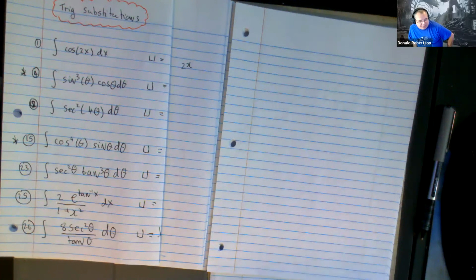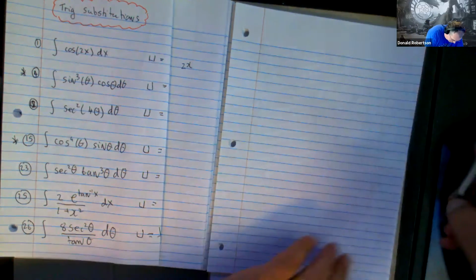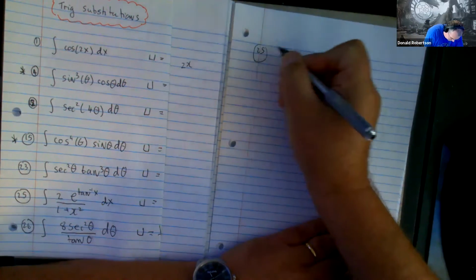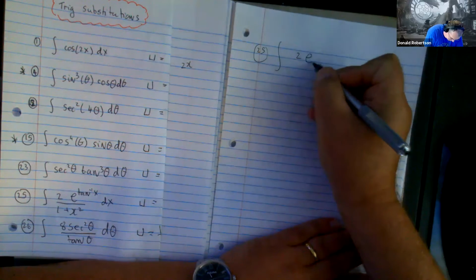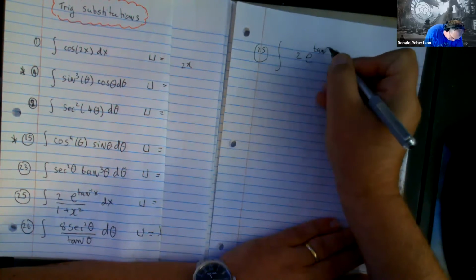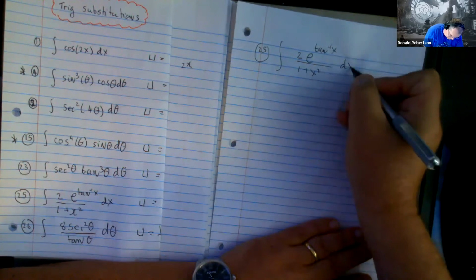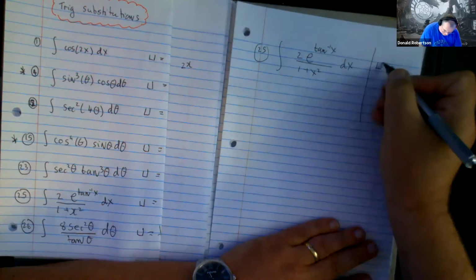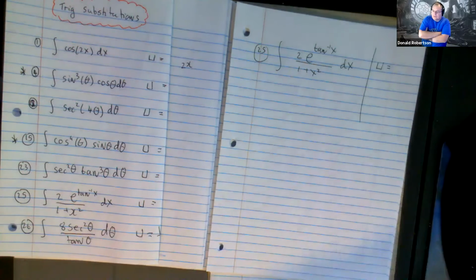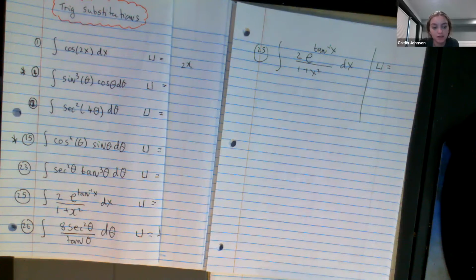Okay, 25, just to get the last one out of the way. What would be the u sub in a question that looked like this? Would it be inverse tan?